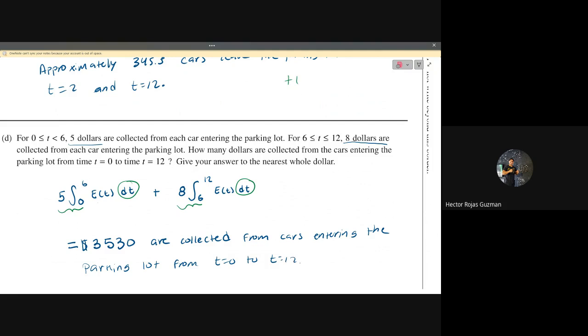Notice how when I state my answer, I'm basically just taking the question and rewording it, right? $3,530 are collected from cars entering the parking lot from time t is equal to 0 to t is equal to 12. That's going to be probably the best thing you can do. Take the question and restate it as your answer.